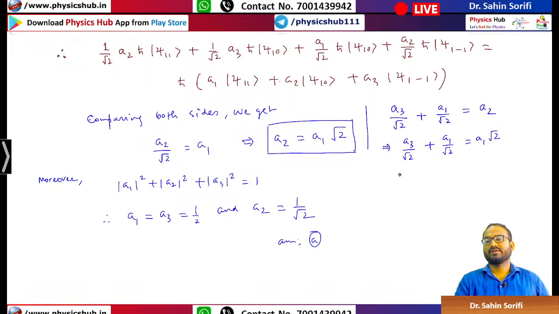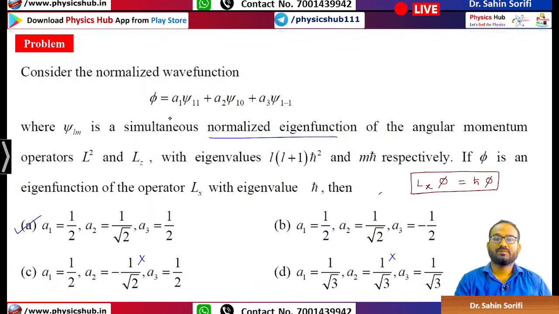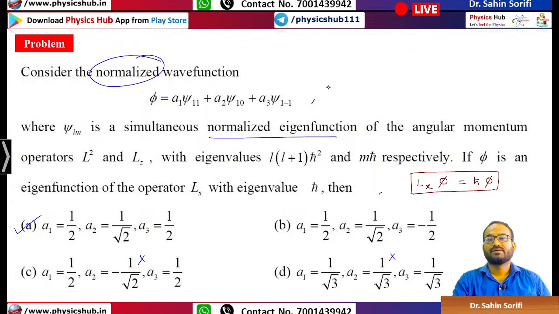This will become a little bit haphazard. Yes, mod, this one we wrote because you see it's a normalized function, right? Phi. So phi equals to 1.